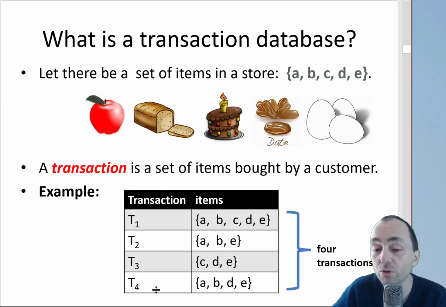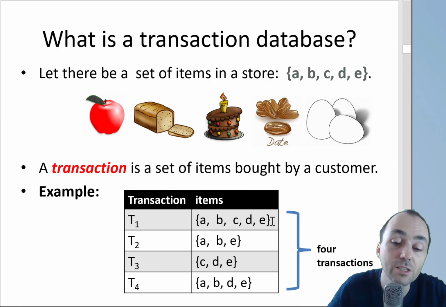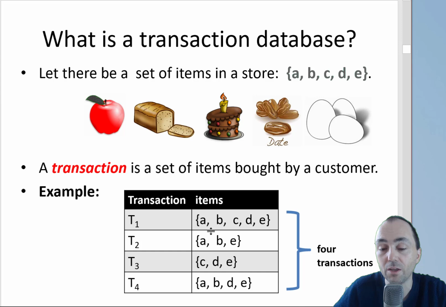It has 4 transactions that have been made by the customers. The first transaction, for example, means that someone bought A, B, C, D, E. A for apple, B for bread, C for cake, D for dates, and E for eggs. So we have other transactions like this.